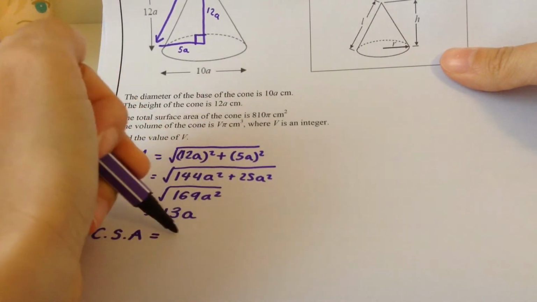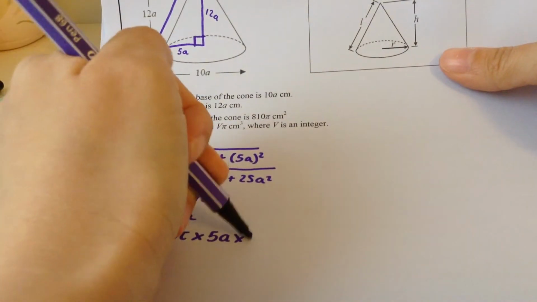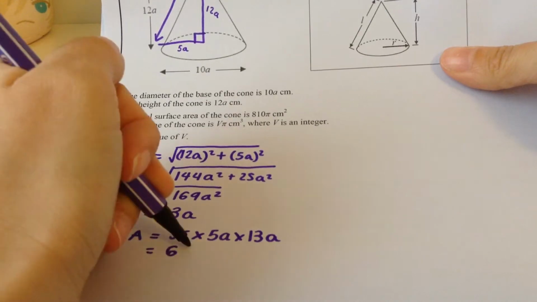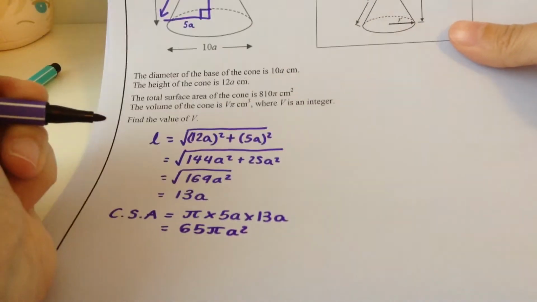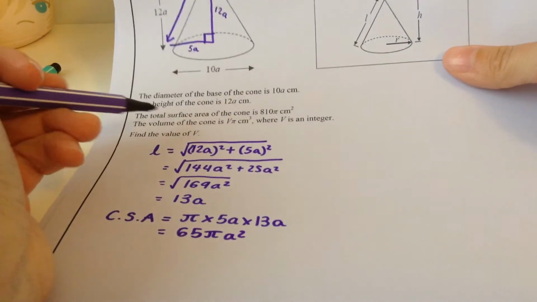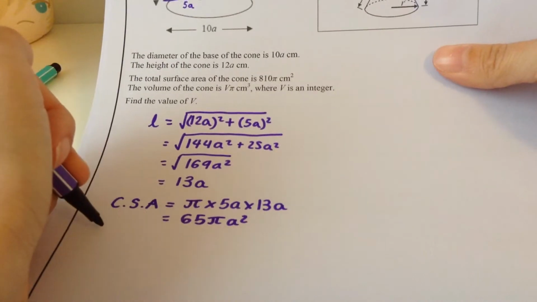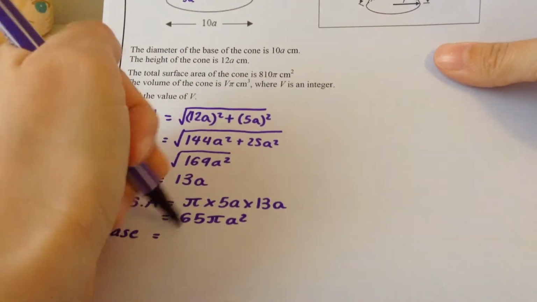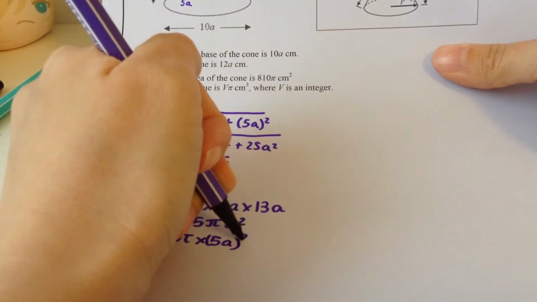I can do the curved surface area, which is going to be pi times radius times L. 65 pi a squared. It says the total surface area, so that includes the base, which is a circle. Let's just write that. Base is going to be pi times r squared.